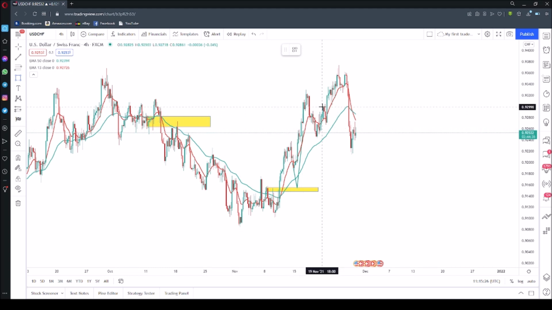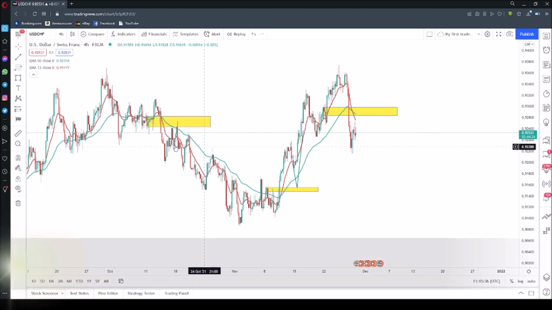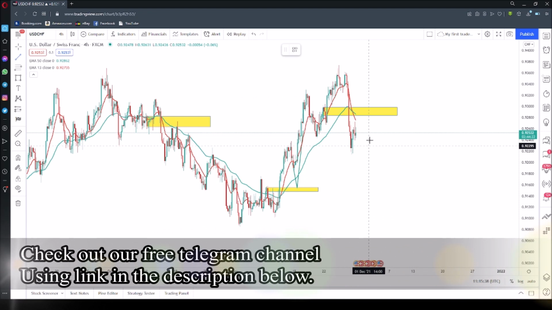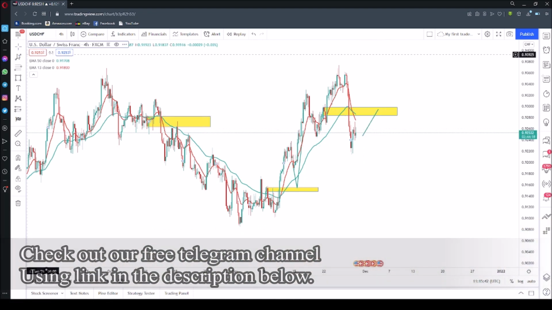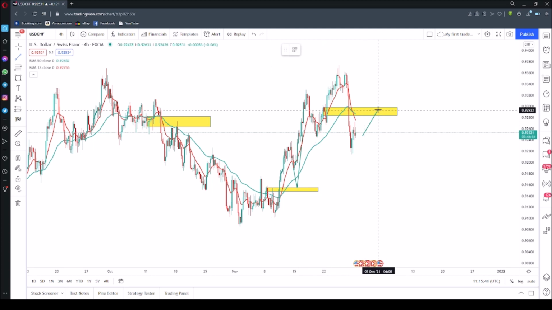In this case, the order block is this one. This is the order block. We are expecting to see the market come back and continue with its downward trend.